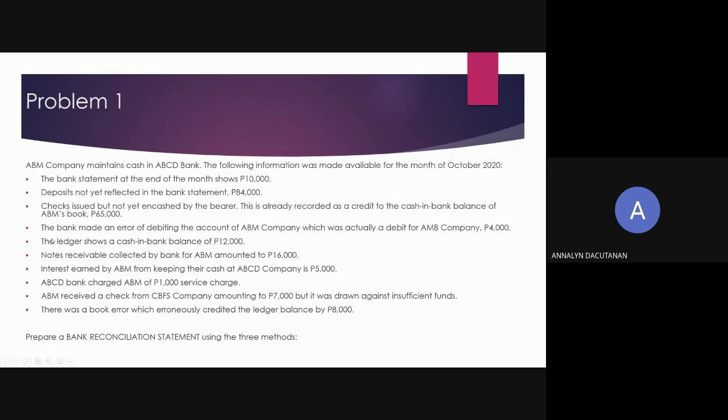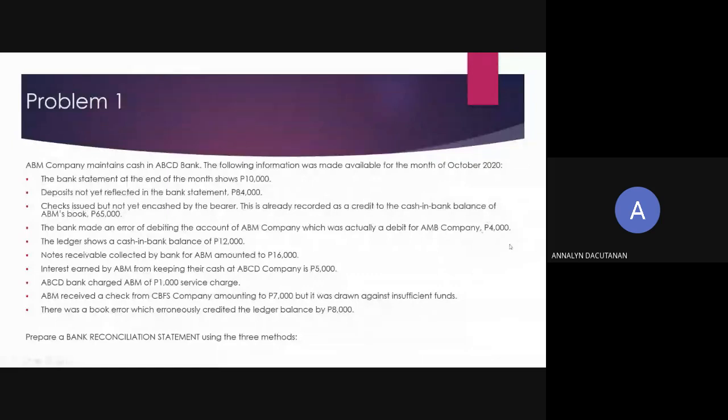Next, the bank made an error. The bank made a mistake. Guys, please be mindful of who made the error. The bank made an error of debiting ABM company's account amounting to 4,000. This means the bank erroneously deducted from ABM company's account.